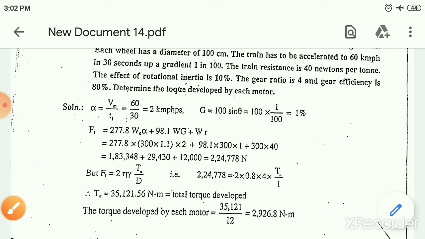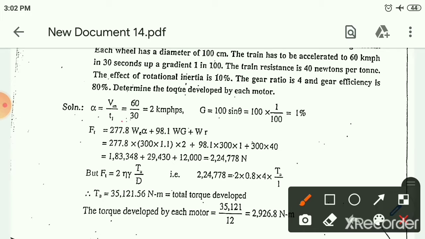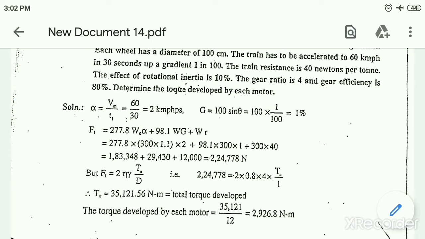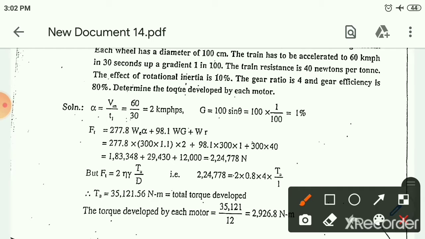Okay, you know the equation for the tractive effort. Ft is equal to 277.8 We alpha plus 98.1 Wg plus Wr, which we have solved in the previous video. Here W is the dead weight, the actual weight, which is the gravitational part, and R is the rotational inertia. Substitute all the parameters in this equation, all are given here.